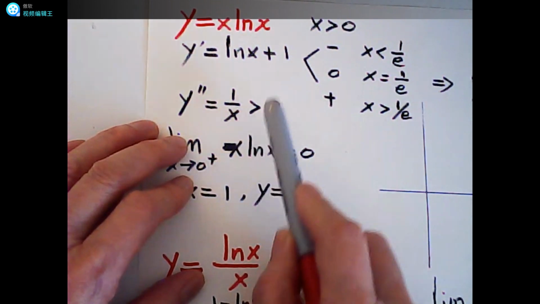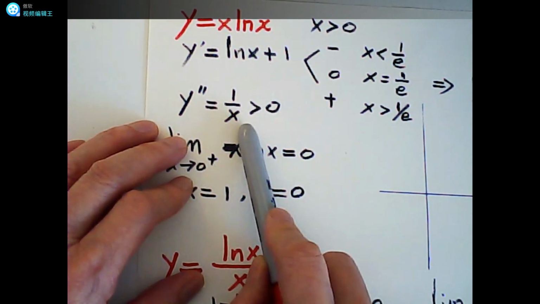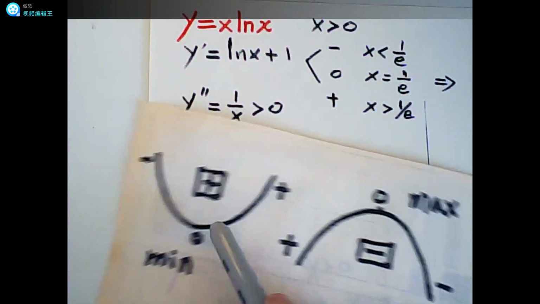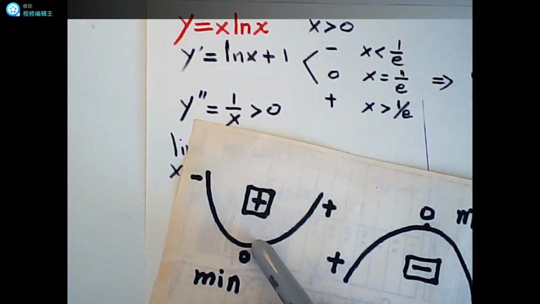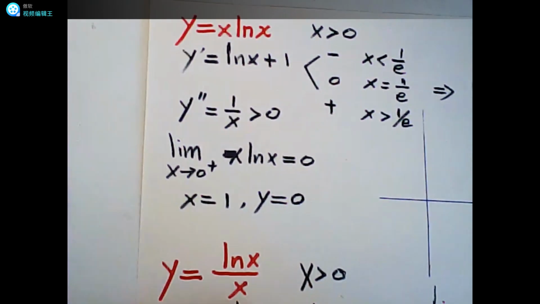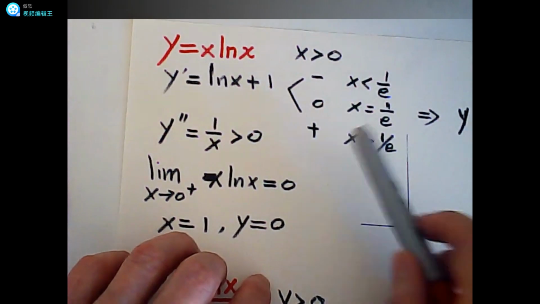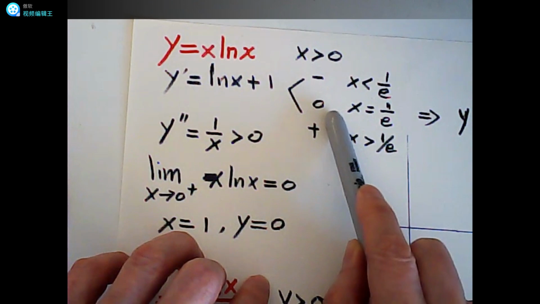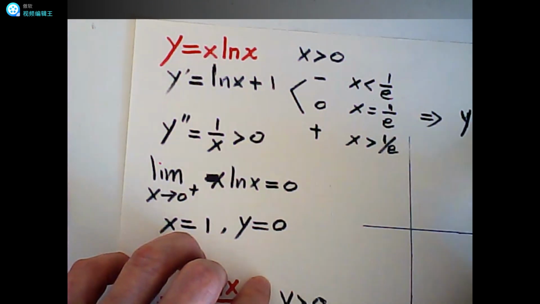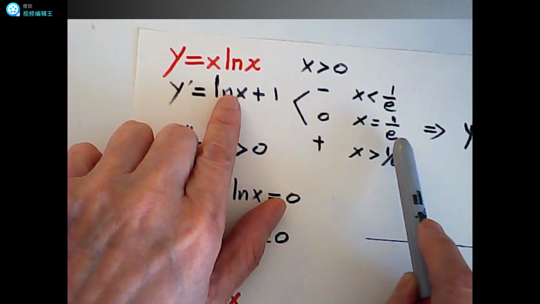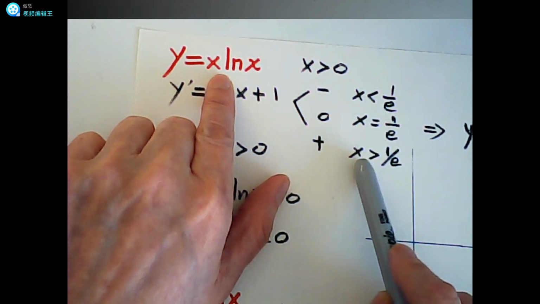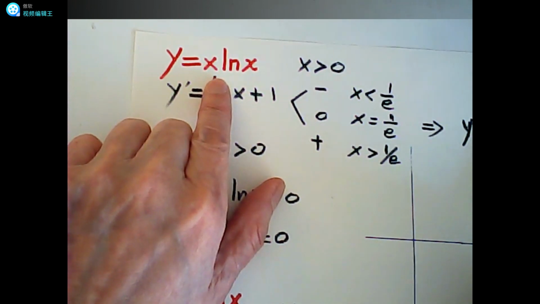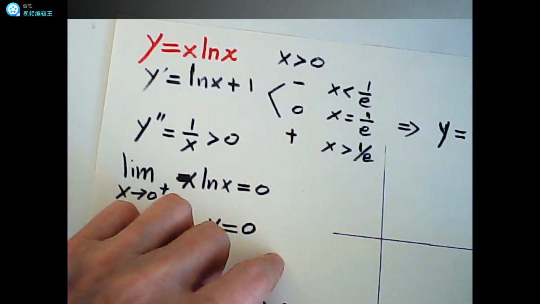Now the second derivative is the derivative of this, which is always positive, right? Always positive. That means the function looks like this. From this is a turning point. So for x equal to this number, you replace x by 1 over e, and then y is equal to negative 1 over e.